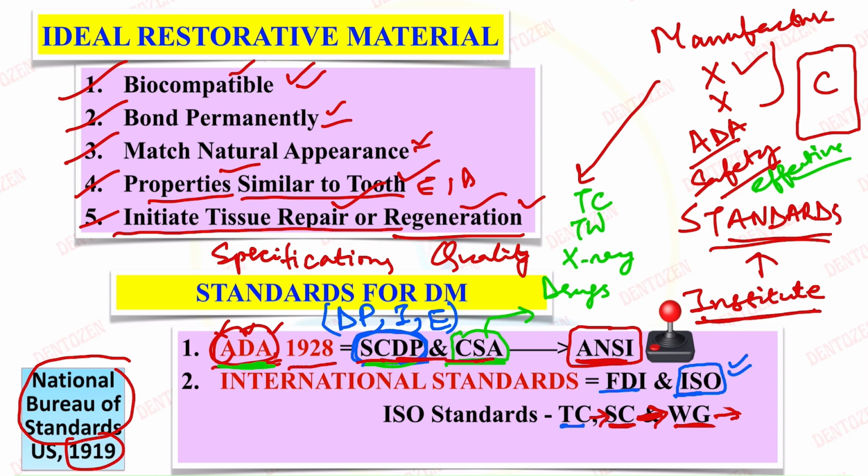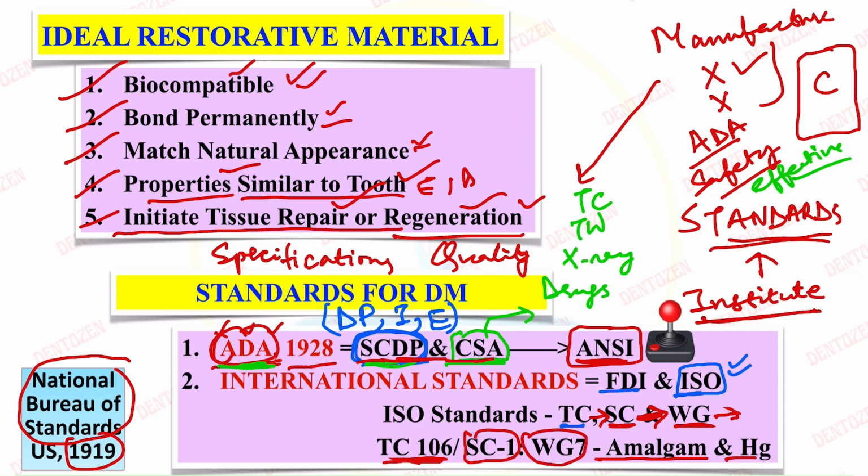For example, Technical Committee 106, which is for dentistry, has subcommittee 1 and working group 7, which covers the dental amalgam and mercury. So ISO is a non-government organization. 80 countries are part of it, and they develop specifications for international level. So there are two things: ADA, that is American Dental Association, and ISO. So that is how standards are developed for dental materials, and that is the brief overview of dental materials.